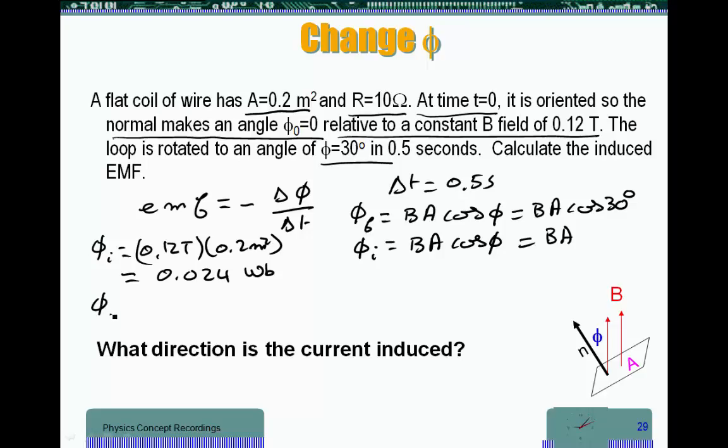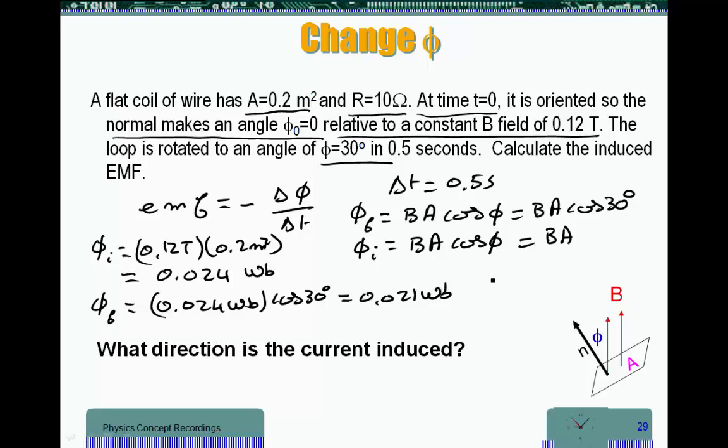My phi final is going to be the same quantity times cosine of 30 degrees. And cosine of 30 degrees is 0.87. So it is 0.87 times that. So we get 0.021 Webers.